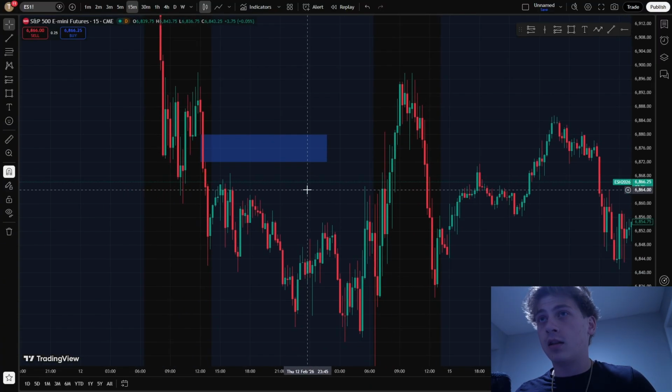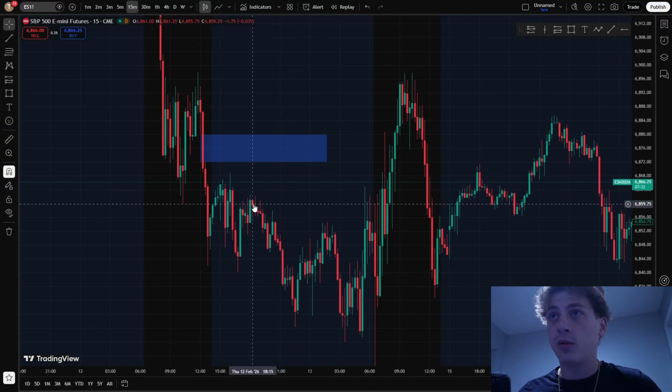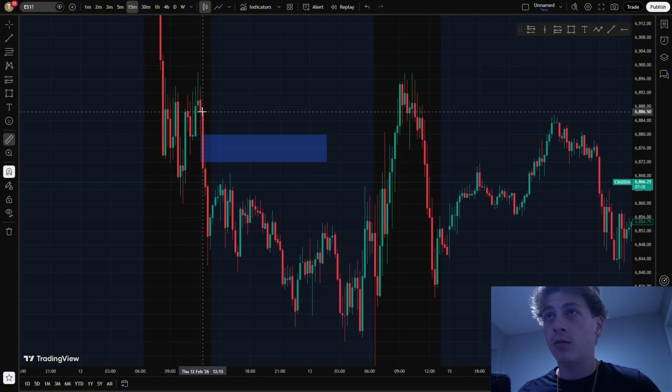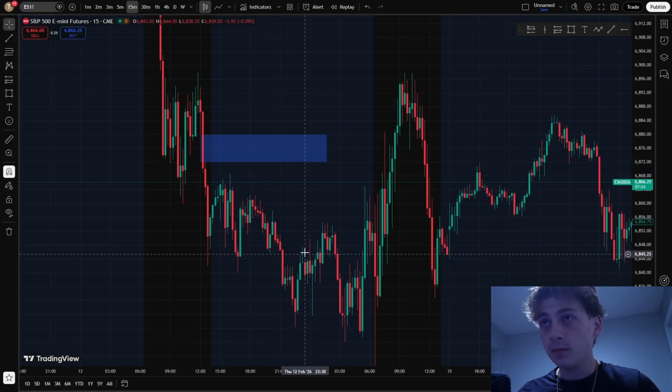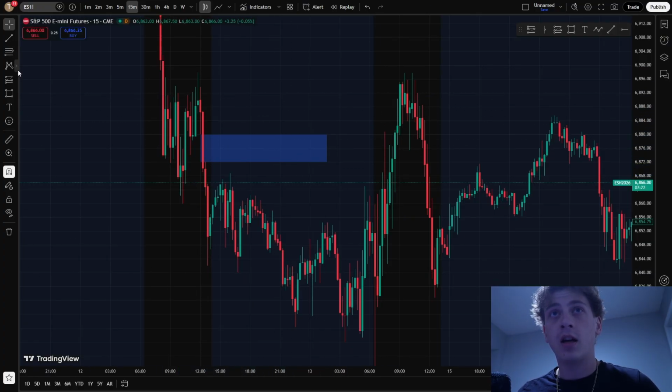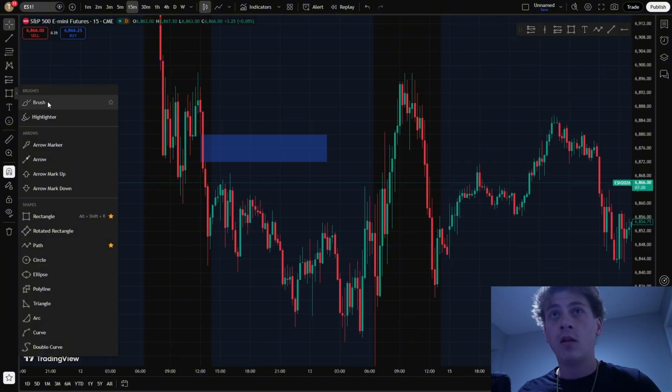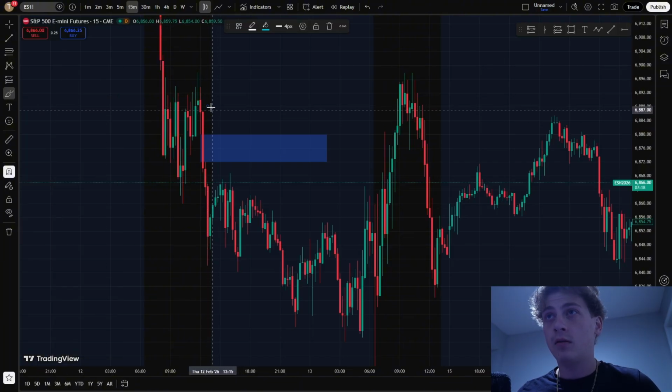And as you guys can see, this is a prime example of a fair value gap. You have this big candle in the middle here. This candle was very expansive, 20 points. And your fair value gap is going to be forming from this candle here.